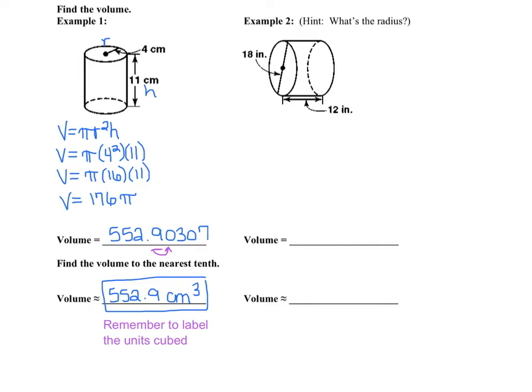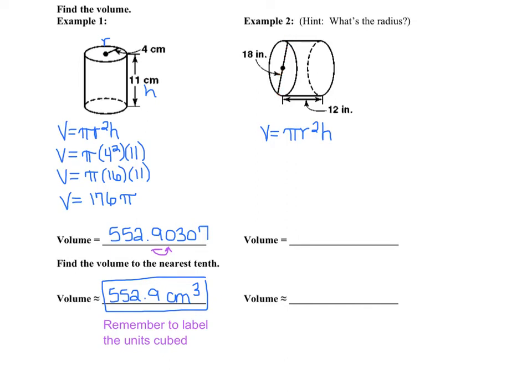All right, let's look at example 2. And we have a cylinder, and again, we're going to use our formula. Volume equals pi times radius squared times your height. So let's identify our radius and our height. Radius is half your diameter of the circle, and if you notice here, 18 is our diameter.